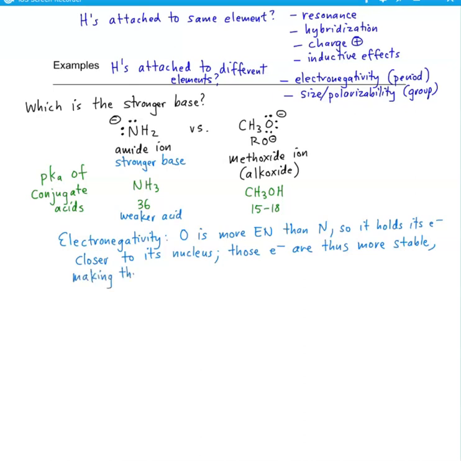So making the base more stable makes it a weaker base, so less likely to accept a proton, or less able to accept a proton.